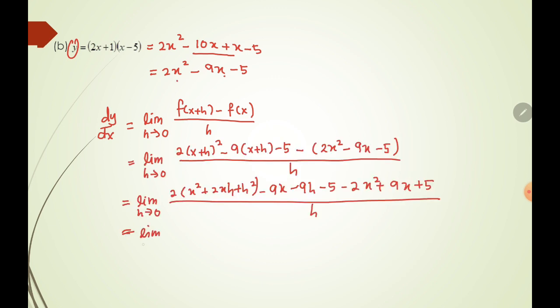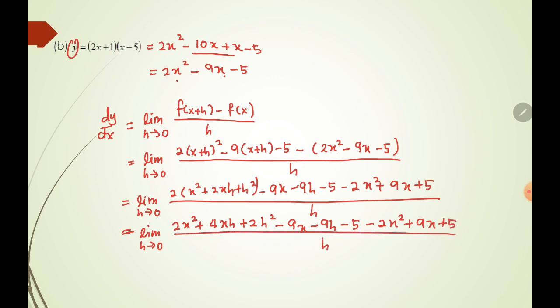Limit h approaches 0. When we expand this, we will get 2x squared plus 4xh plus 2h squared minus 9x minus 9h minus 5 minus 2x squared plus 9x plus 5 over h.